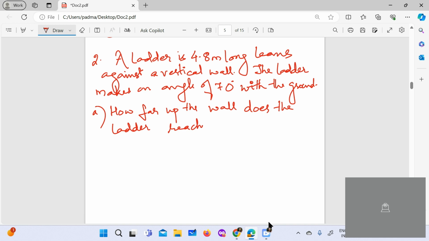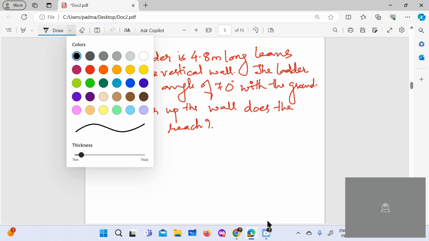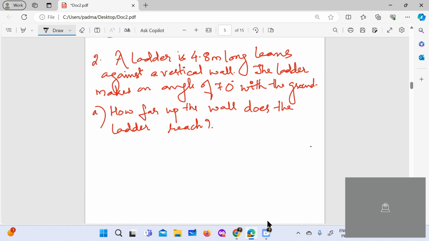So let's draw the diagram in support of this question. A ladder is 4.8 meters long and leans against a vertical wall. Let this be the wall and this will be the ladder. The length of the ladder is given as 4.8 meters, and it makes an angle of 70 degrees with the ground.